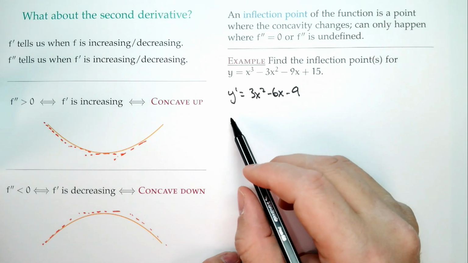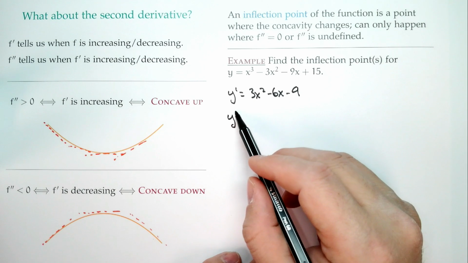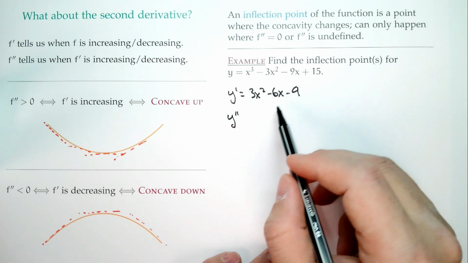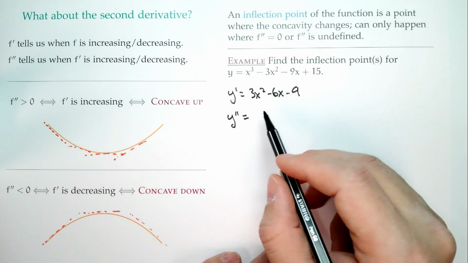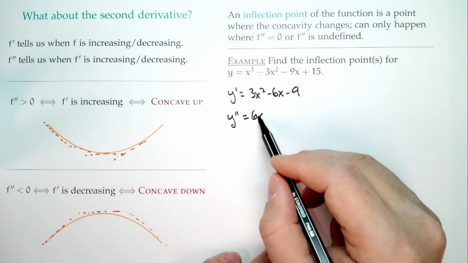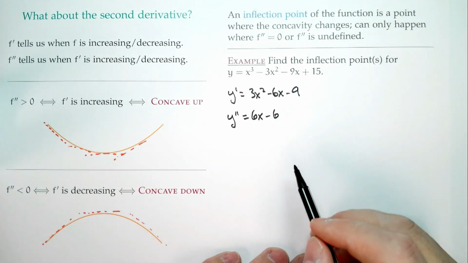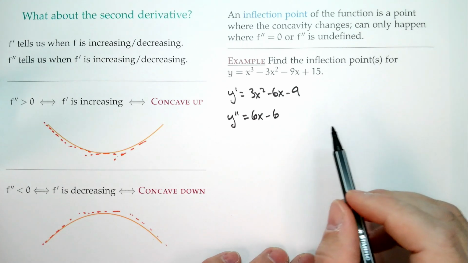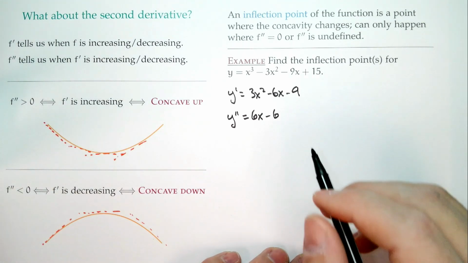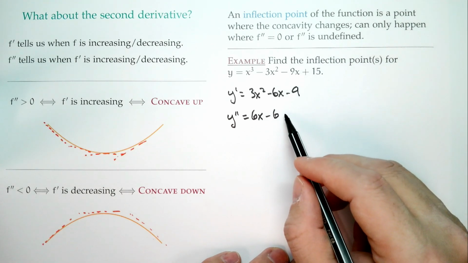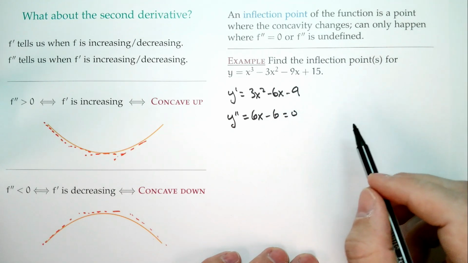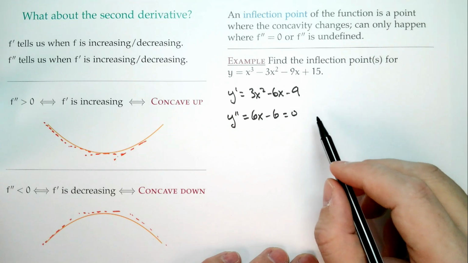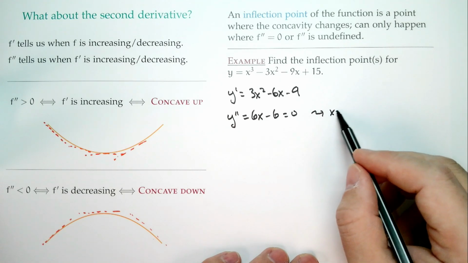And for now, we don't need to worry about the points where this is equal to 0, because we're going straight to the second derivative, because that's telling us about concavity. 6x minus 6. Is this ever undefined? No. It's a beautiful function. It's a great function. So now we say, well, is it ever 0? And it is. That would happen when x equals 1.